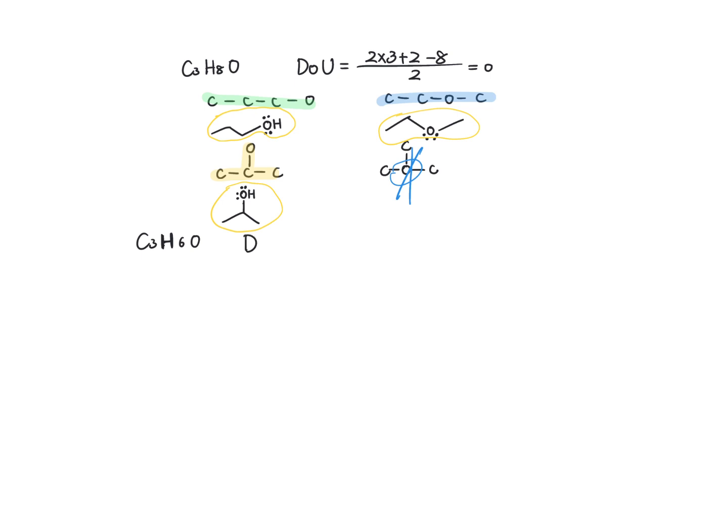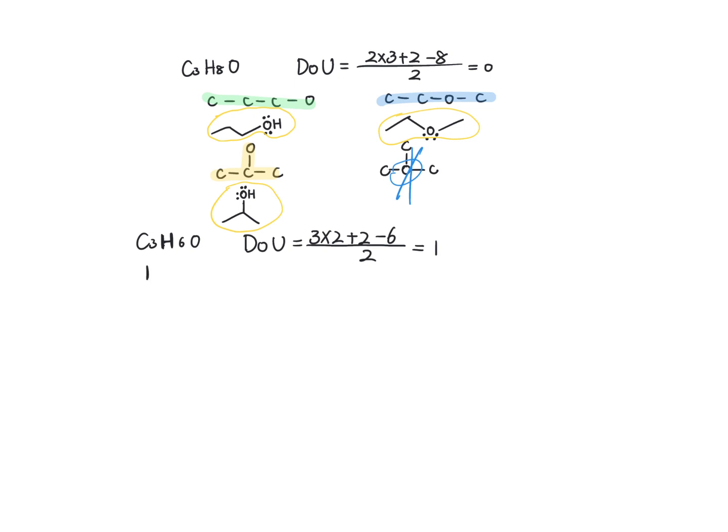The first thing is to calculate the degree of unsaturation, to write out what kind of features the constitutional isomer molecules would have. So for this one, 3 times 2 plus 2 minus 6, divided by 2. And that is 1. Degree of unsaturation equals 1.